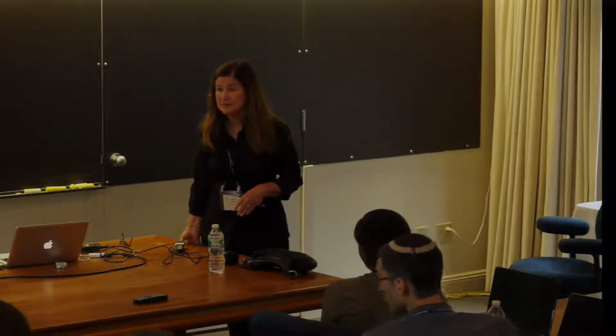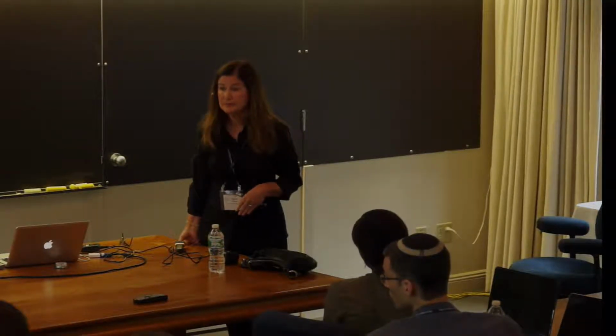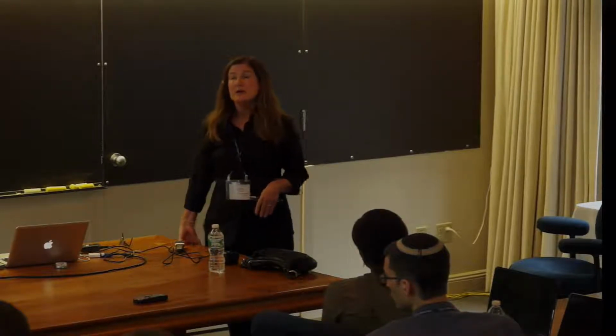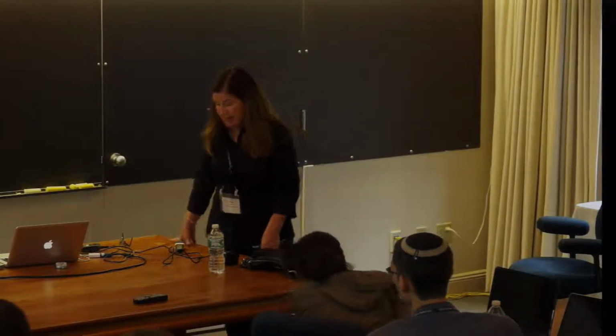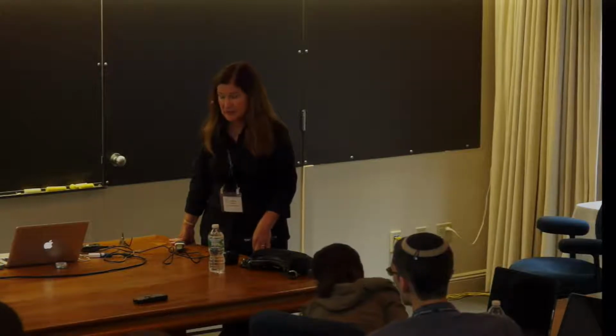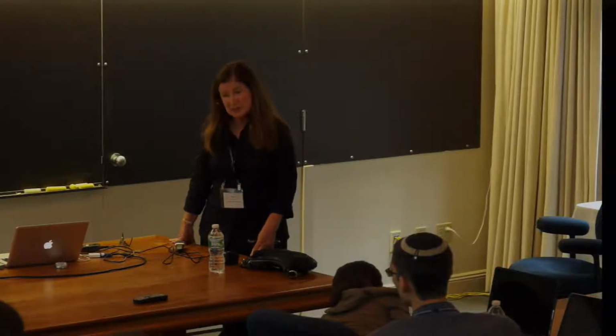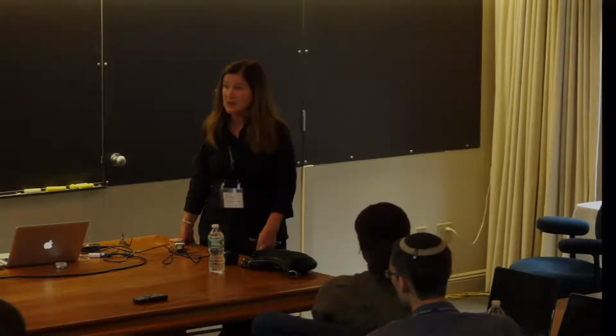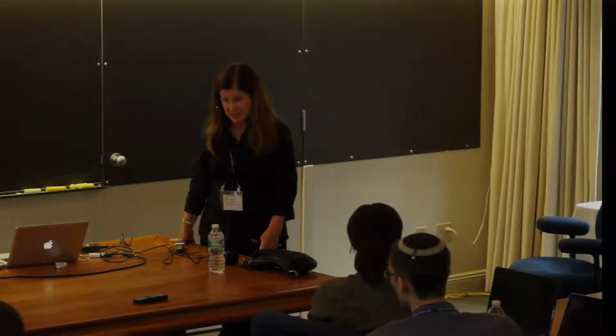Do you see it for multiple ethnicities, and if so, do you see any ethnic-specific differences? We don't have enough of a sample to really answer your question about ethnic differences. We always do have representation of Hispanic, African American, and Asian participants.